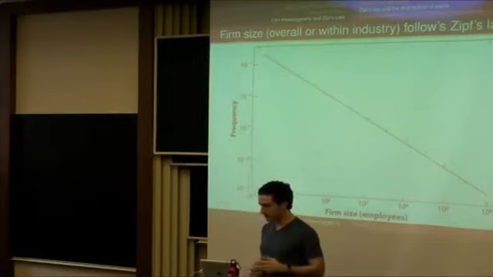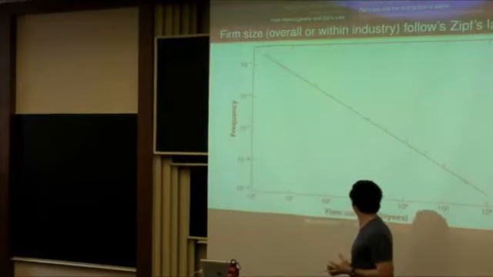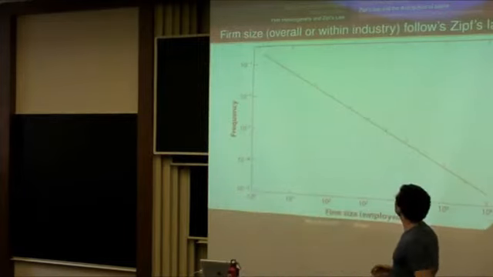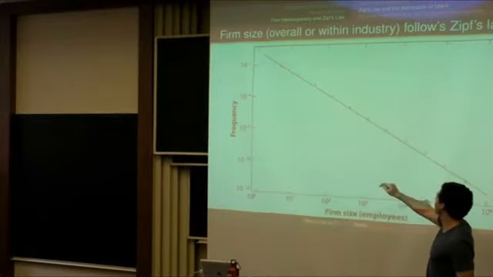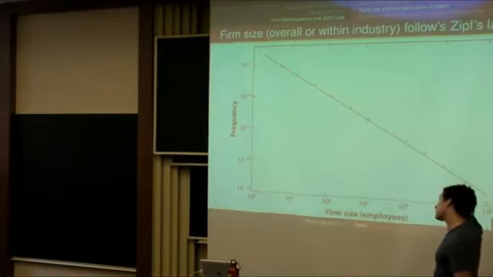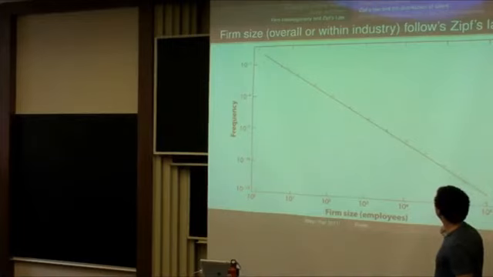So here is a remarkable graph. What this is, if you just take any given industry, or if you take all companies in the U.S. and you say, how large are they? How many people do they employ? And then you say, how many firms are there of at least that size? You get, and this is pretty darn amazing, I don't know how many of you guys have ever done any empirical economics.